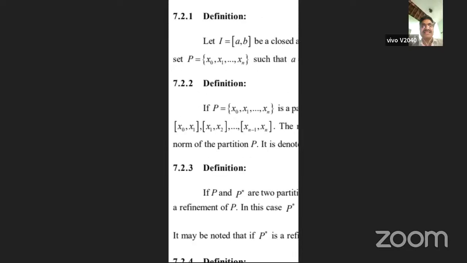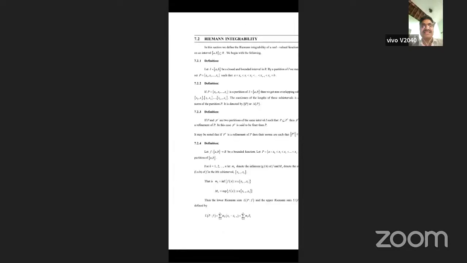The length of the rth subinterval is xr minus x(r-1). In the same manner, the length of In, the interval [x(n-1), xn], is xn minus x(n-1), the nth subinterval.